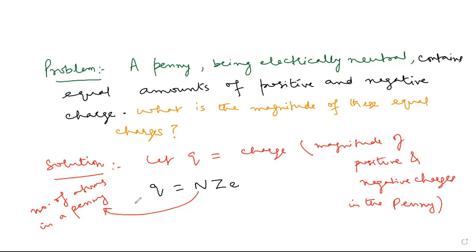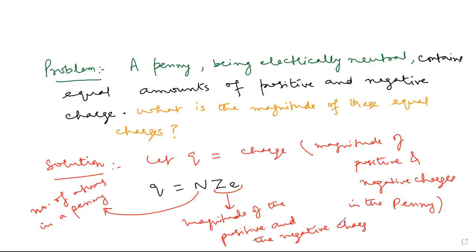And Ze is the magnitude of the positive and the negative charges carried by each atom.